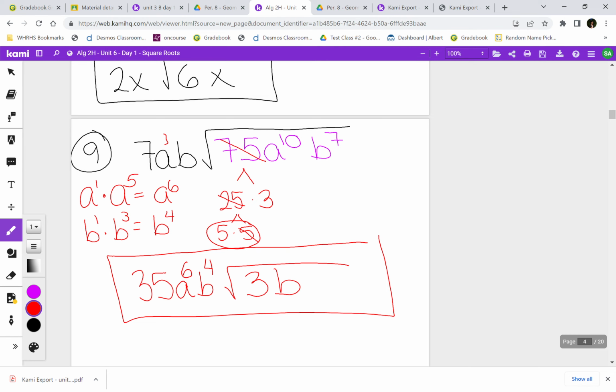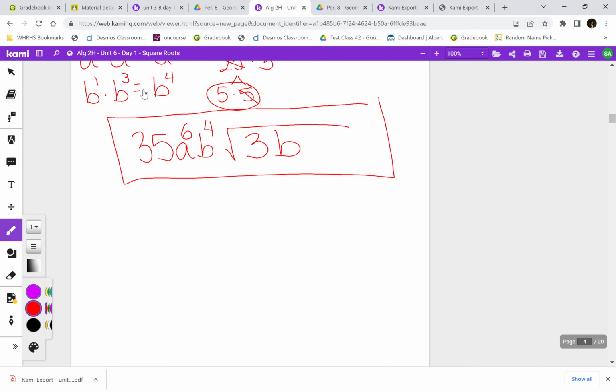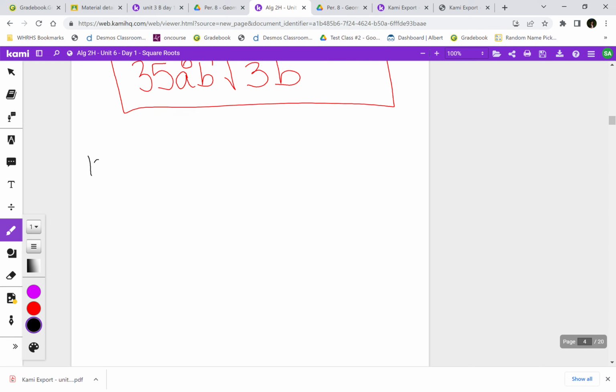Shall we step it up a baby amount? Are we scared that there's a variable in the exponent? Does that frighten us?